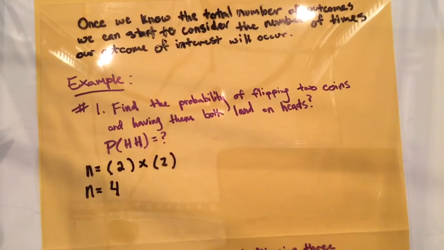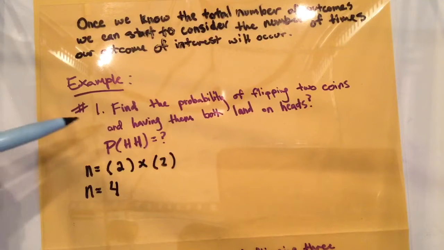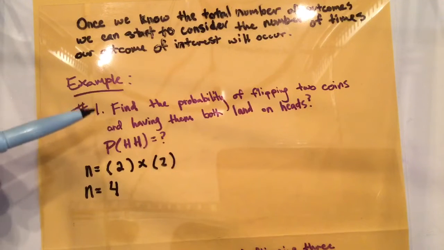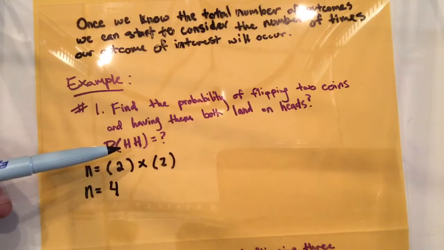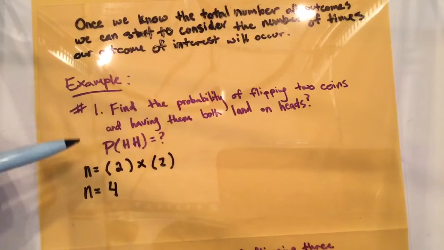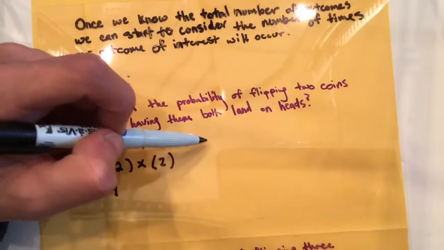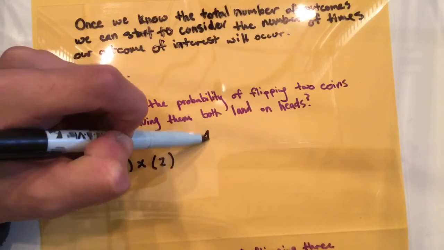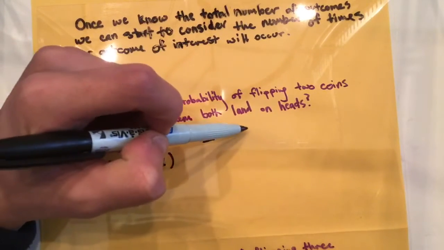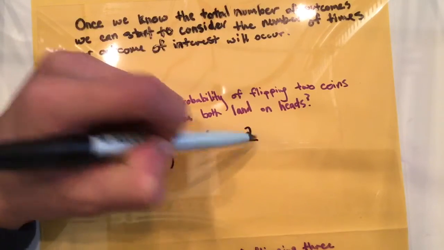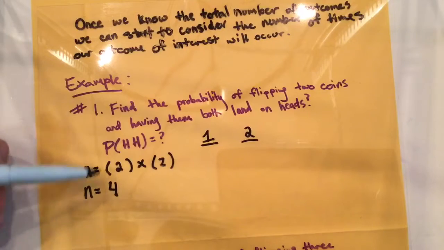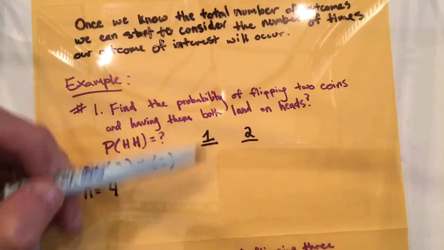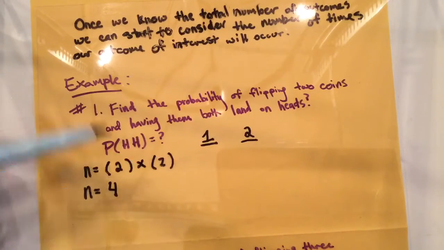Once we know that, we can consider how many possible outcomes we have with the thing we're looking for, which in this case is having both our coins land on heads. So here, I'm going to set up a little chart. I'm going to do 1 for flip 1 and 2 for flip 2. Since I have 4 total possible outcomes, I'm going to set up this chart with 2 columns, one for each coin, and 4 rows.